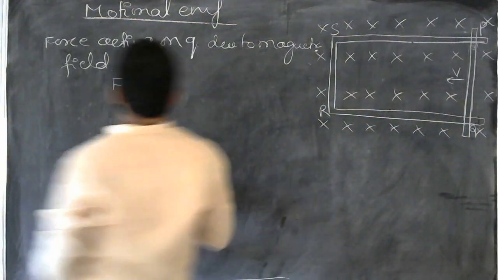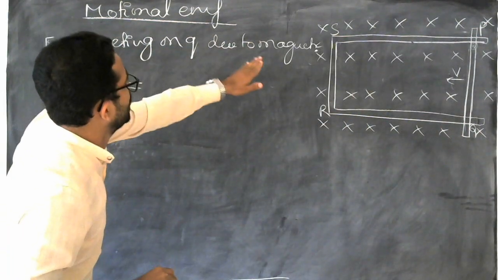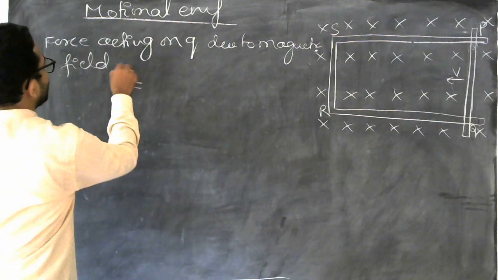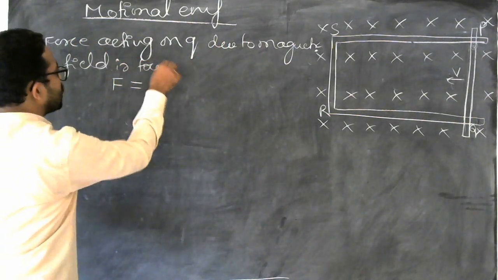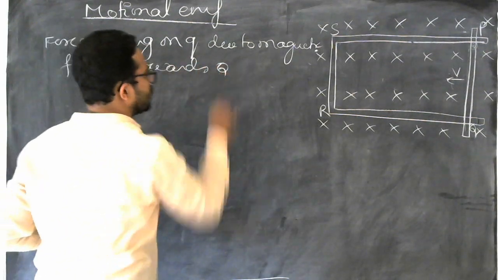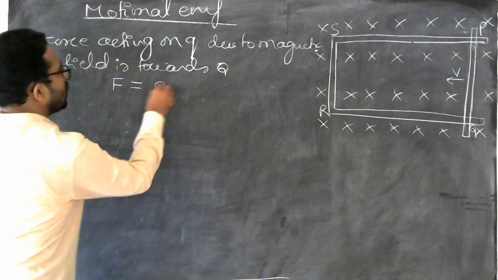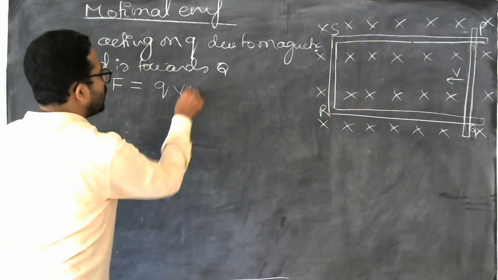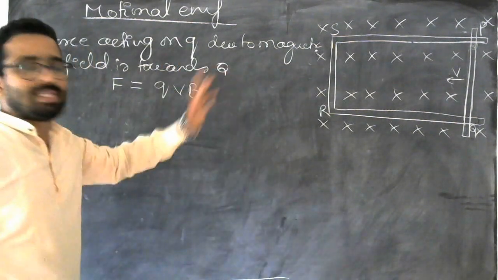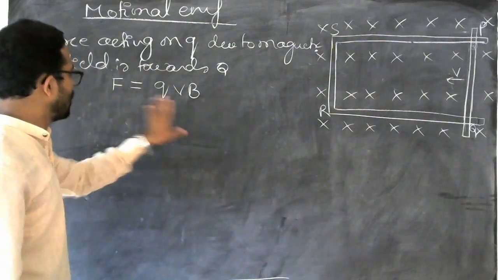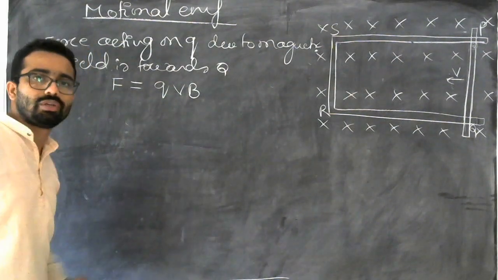So the force acting on q due to the magnetic field is towards Q. Hope you understood. So F = qvB sin theta, theta is 90 degrees, that's why we get F = qvB.